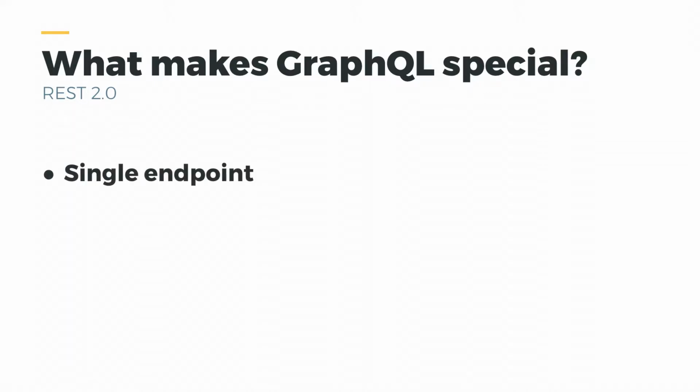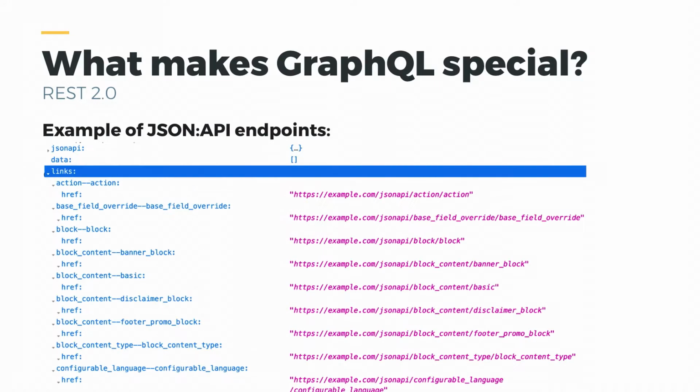One thing, it is a single endpoint. If you look at JSON API, if you go to the root JSON API endpoint, it actually gives you a list of all the other endpoints that are available at this server. So if I wanted information about blocks, I would have to use this other URL endpoint to get information about blocks. So in JSON API, we have a series of endpoints, each giving you different kinds of data.